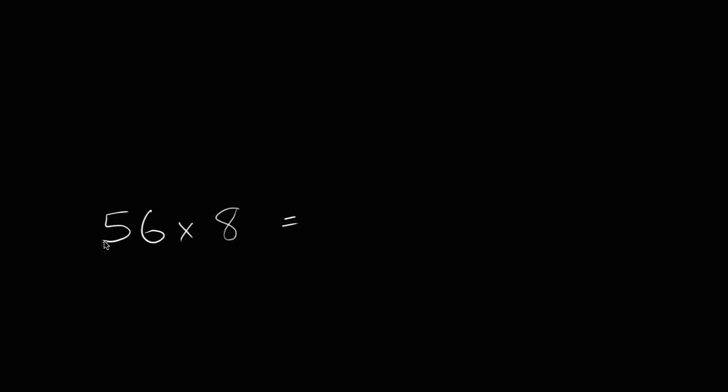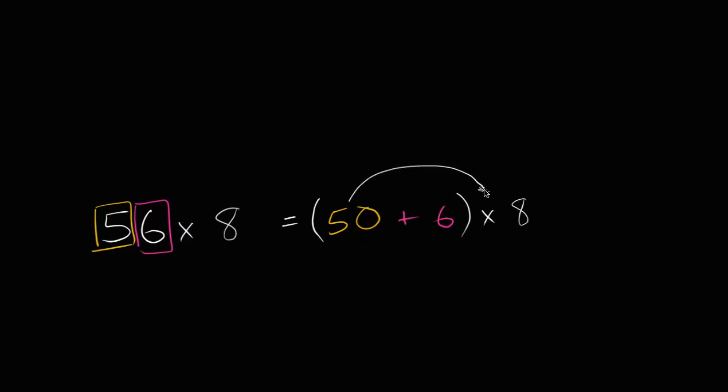You could say that, look, 56 is the same thing as 5 tens, that's 50, plus 6 ones, so 50 plus 6, and all of that times 8. And then you can distribute the 8, and you could say, look, this is going to be 50 times 8 plus 6 times 8.